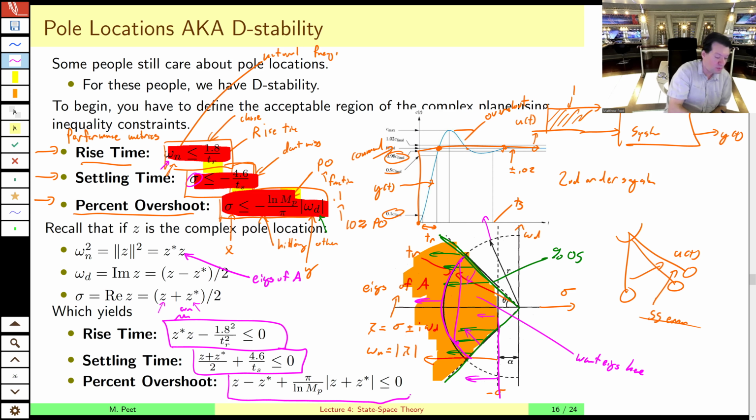And for percent overshoot, we get this third constraint. Again it's z plus z star, where we've swapped out our positions here. So this is a sigma, and this is omega d, so you see this thing is inverted.